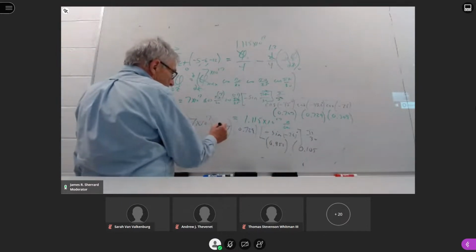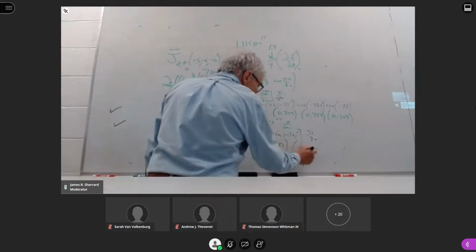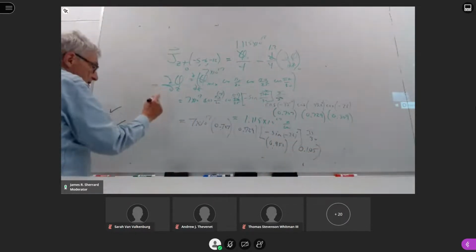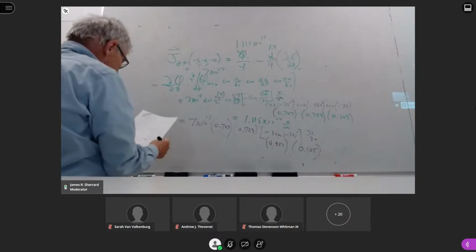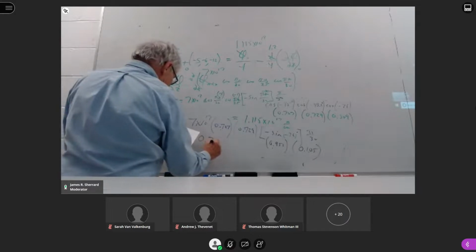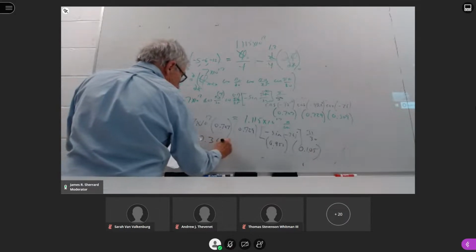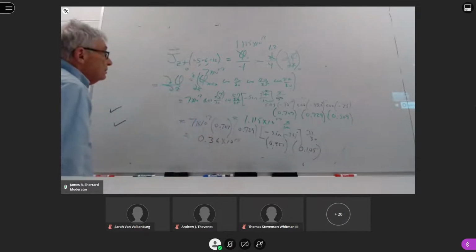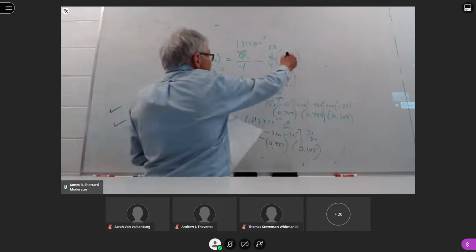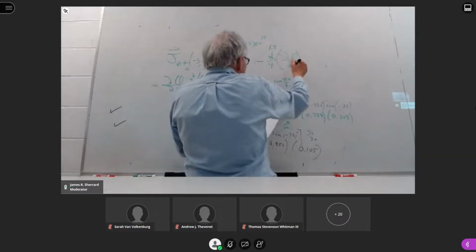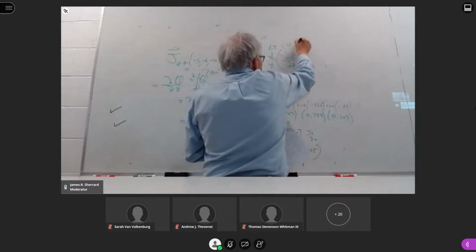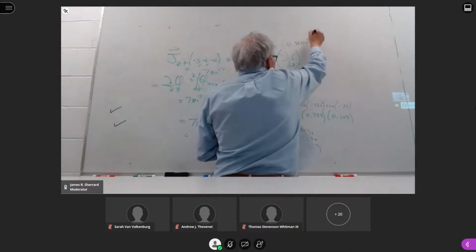So when I multiply this times this times this times this times this, I have this, and I had that value come out to be 0.36 times 10 to the 17th. So if I go back up here, that value here becomes 0.36 times 10 to the 17th.